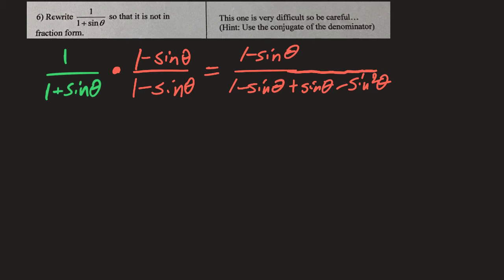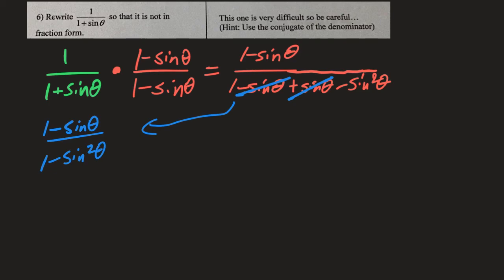So wow, we've got quite a bit going on down there. Let's see if there's anything we can combine already. Well, I see this minus sine theta and plus sine theta there. Those can cancel out. And now I just have 1 minus sine theta over 1 minus sine squared of theta.